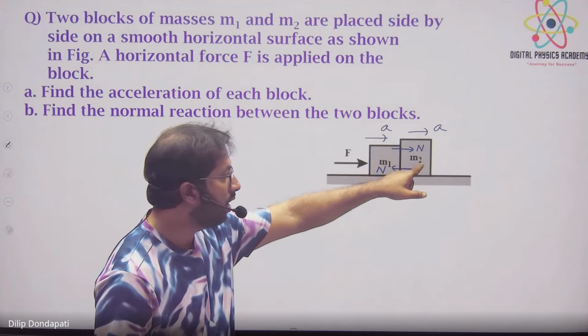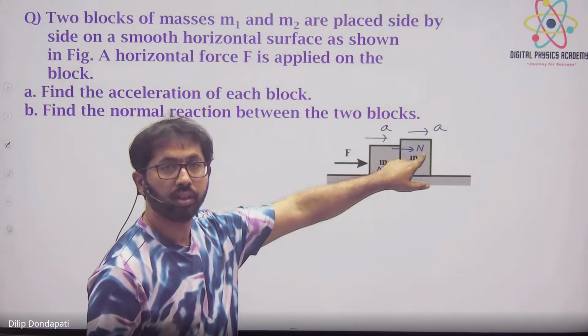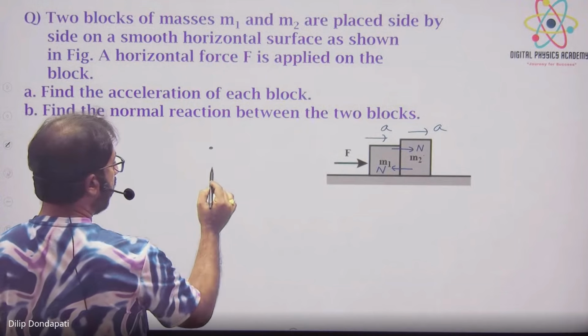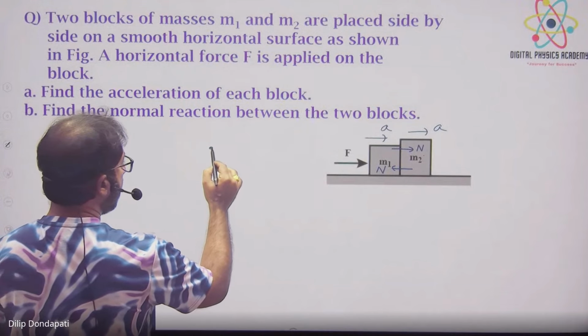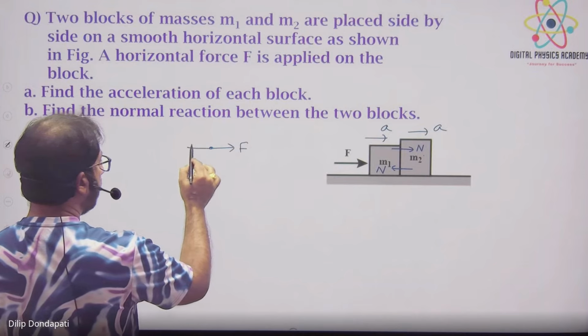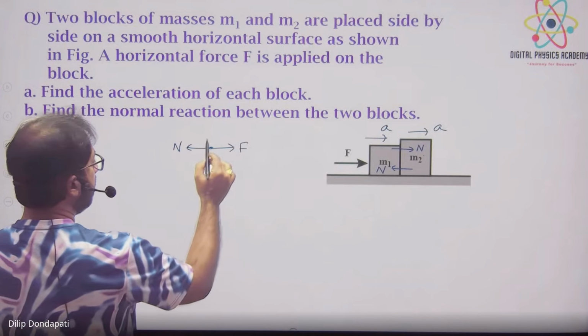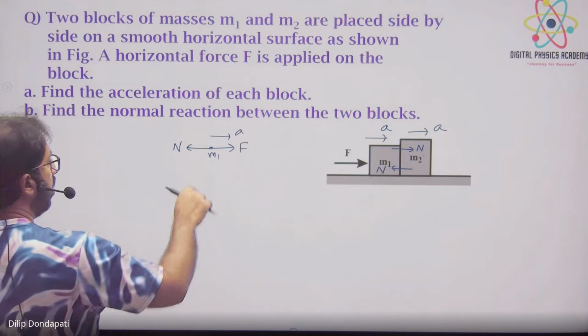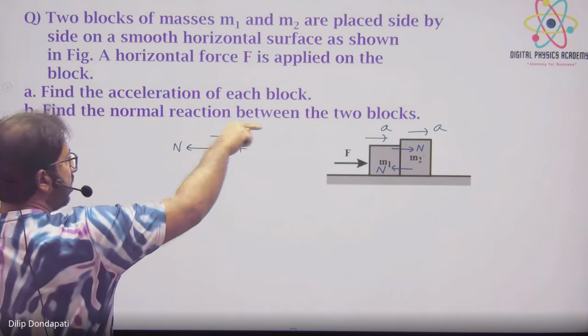Then why is m2 moving? Because of the normal reaction it is moving, right? Now apply net force. I am drawing the free body diagram of m1. This is m1. I am applying a force F like this, and this is the normal reaction, and this is the acceleration. And for m1, net force equals ma. So F, because the acceleration direction is positive, right?